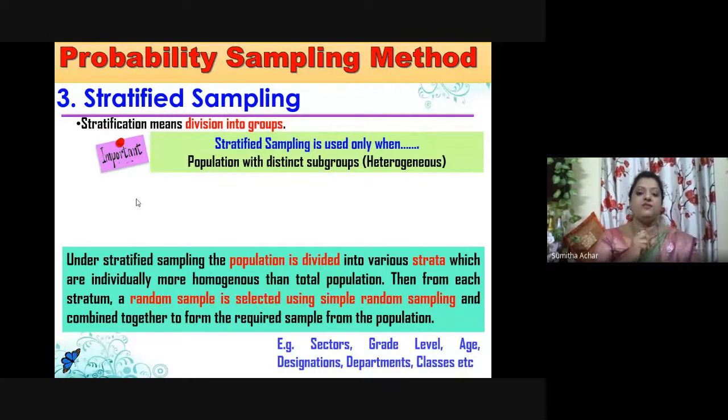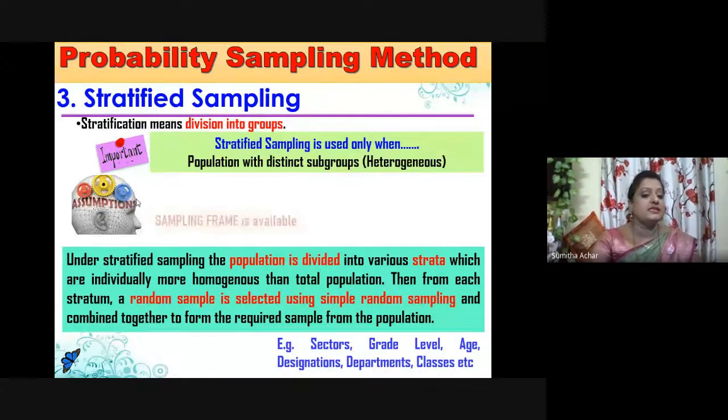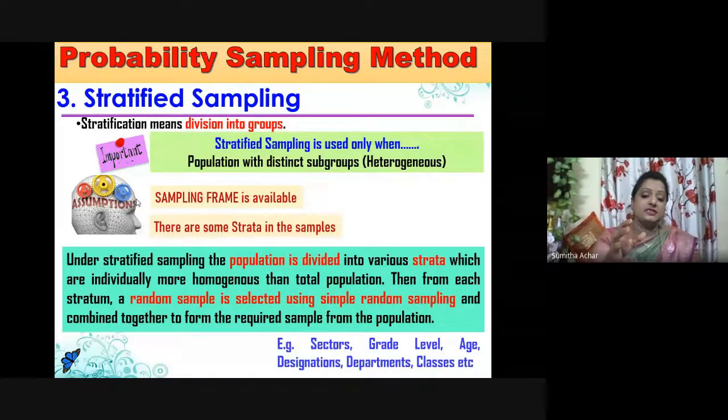Now, what does stratified random sampling do? Stratified random sampling divides the entire population into distinct subgroups, right? Now, who defines this? Under this, the strata are decided based on the researcher's knowledge. Say, for example, in a whole class, I want an equal representative from the boys and girls, so I divide them into 2 strata.